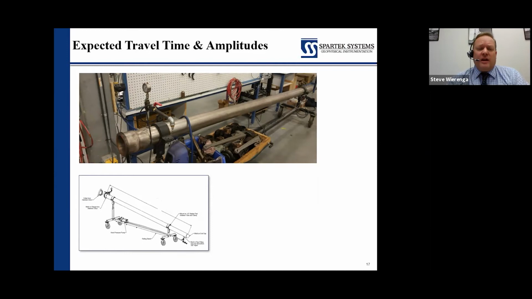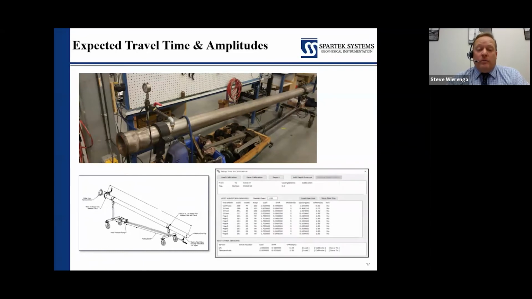And then we're going to set the tool so that it transmits and we receive our signatures of that casing at 100 millivolts. Now, the thing to remember on this one is we are measuring this with no fluid on the outside of the casing. So we're going to set the tool to read 100 millivolts with fresh water internal, 500 PSI, and air on the outside of the casing.